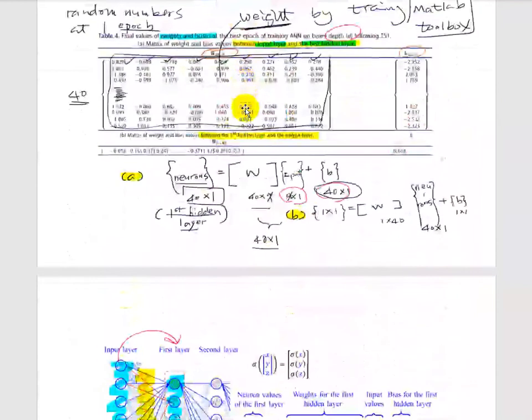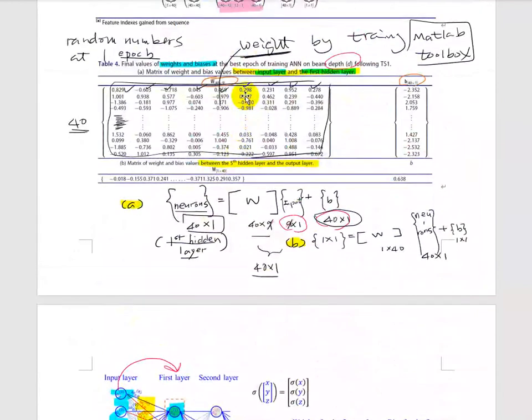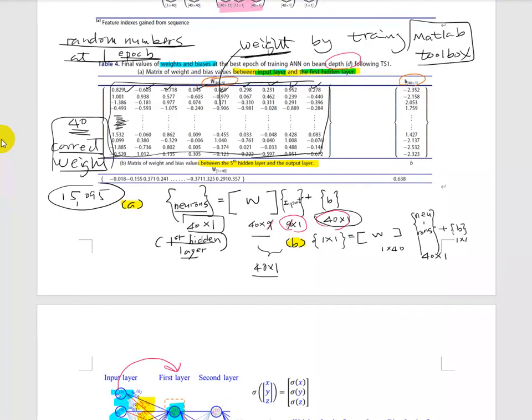This is amazing, a very lengthy process to come up with correct weights. Okay, so these weights start with random numbers at the first epoch, and after 15,095, after lengthy processes, you end up with very correct weights to be able to use in design.